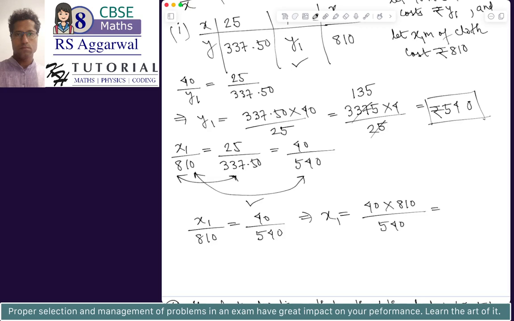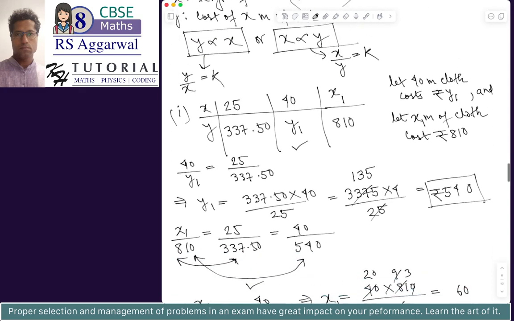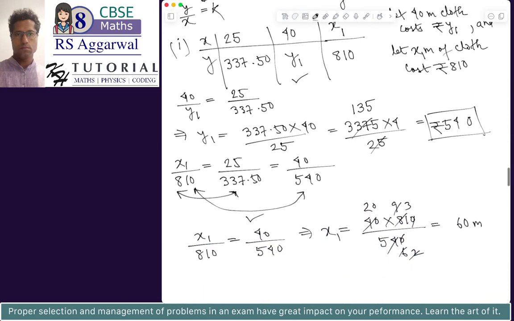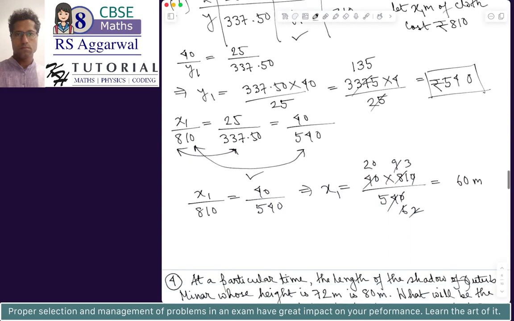This is equal to 60. So x1, the quantity x, is the length of cloth. So x1 is 60 meter.